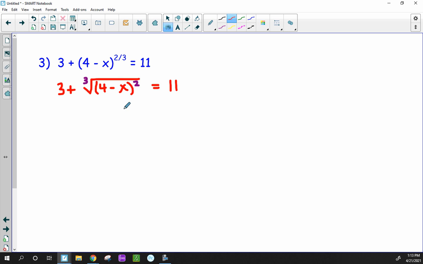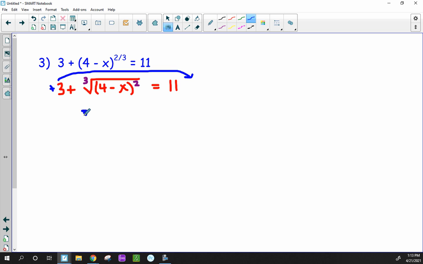Okay, our goal is to isolate the radical, get this by itself in front of the equal sign. To do so, I'm going to need to remove this 3, and it's a positive 3. So in the next step, I'm going to show that I have transposed it.